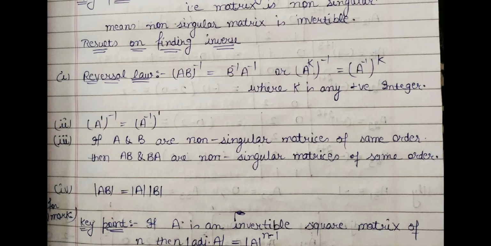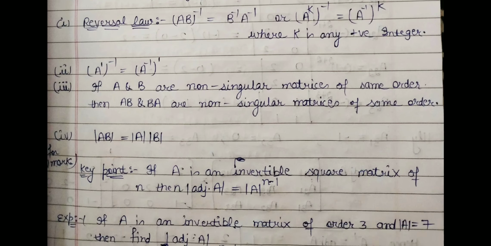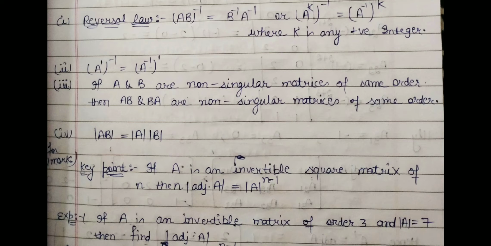Please note one point here: AB and BA are both non-singular, but they may or may not be equal. That is not a condition. Fourth, determinant of AB is equal to determinant of A into determinant of B.